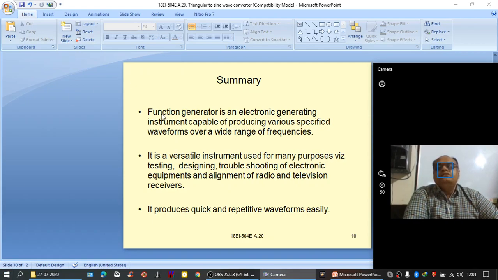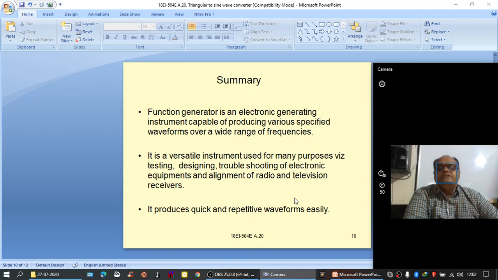Now let us see what we have seen. A function generator is an electronic generating instrument capable of providing various specified waveforms over a wide range of frequencies. It is a versatile instrument used for many purposes such as testing, designing, troubleshooting of electronic equipment, and alignment of radio and television receivers.